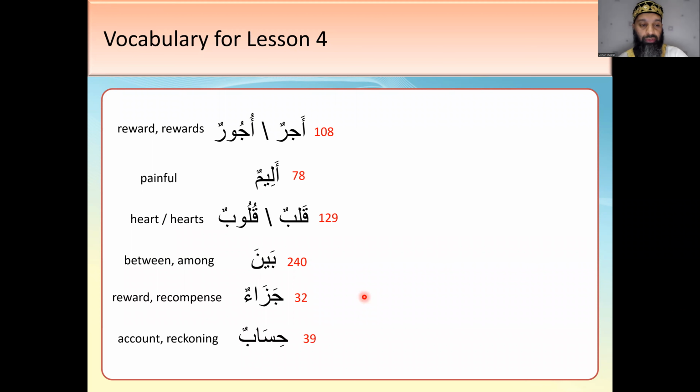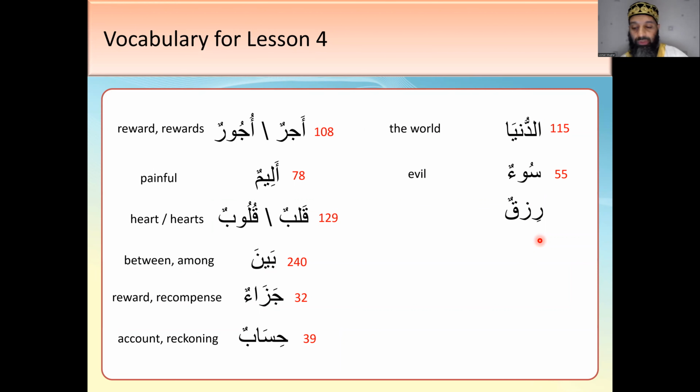Recompense. Dunya. We all use dunya. The world. Good. Next one. Su'un. Good. So su'un is evil. Rizqun. Allah is ar-Razaq. Sustenance. And everything you have is your rizq.